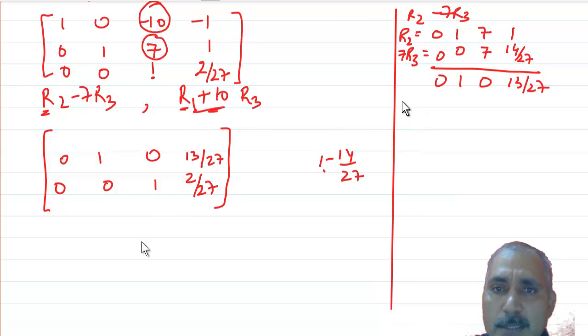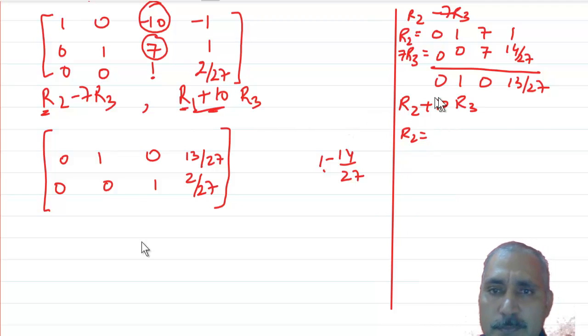Now the next operation, that is this one. It is R1 plus 10 times of R3. We will write R1 elements. This is R1 plus 10 times of that.